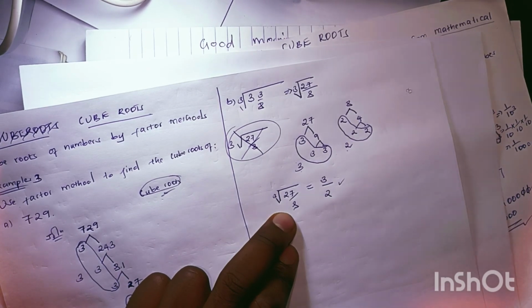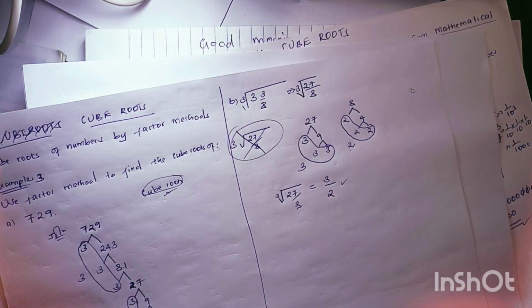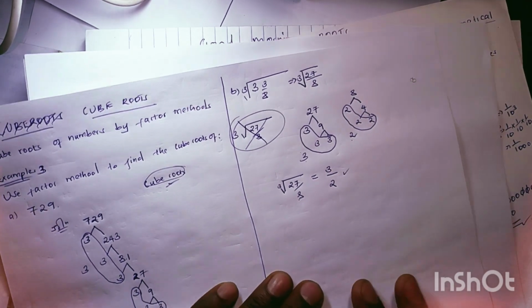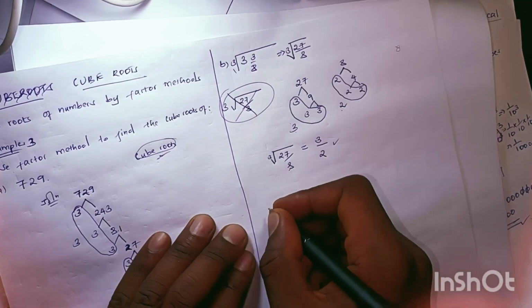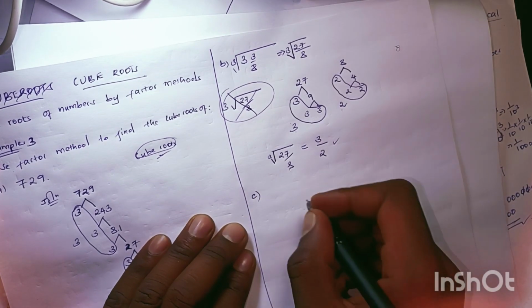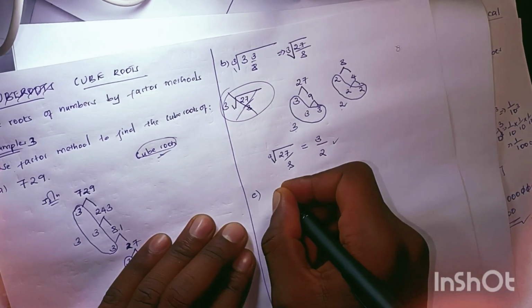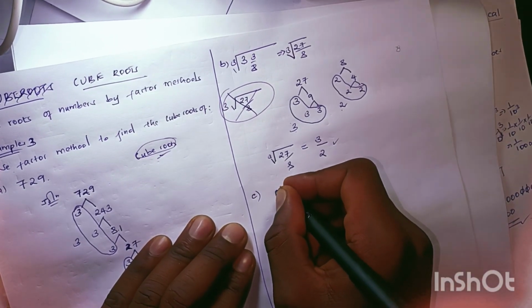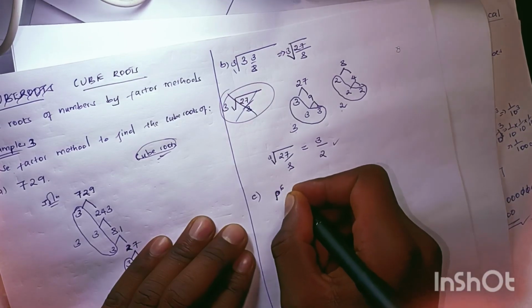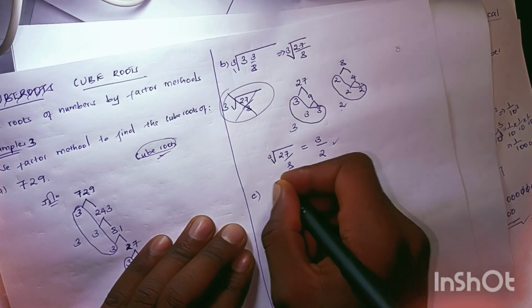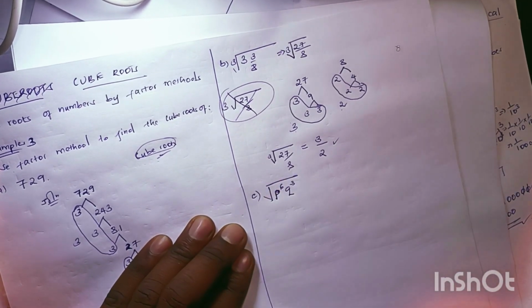Hope you are getting something, guys, up to that point. What about when I had this one? If I had p raised to power 6 and q raised to power 3, then I find the cube root.